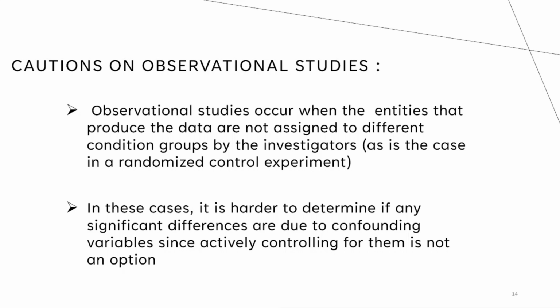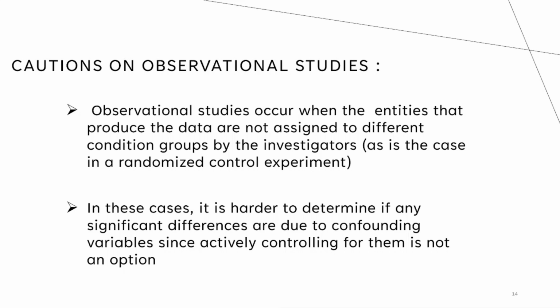And the problem with this is that often we can't account for confounding variables when we're not doing controlled experiments. So this comes up when we're doing comparisons of populations.